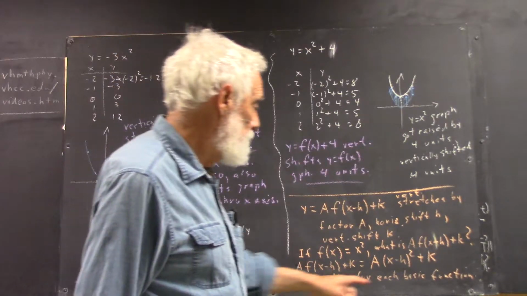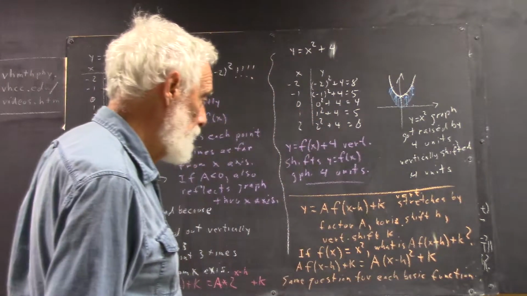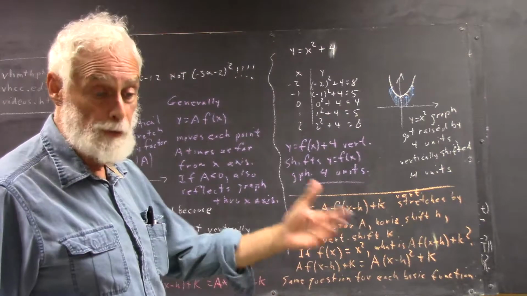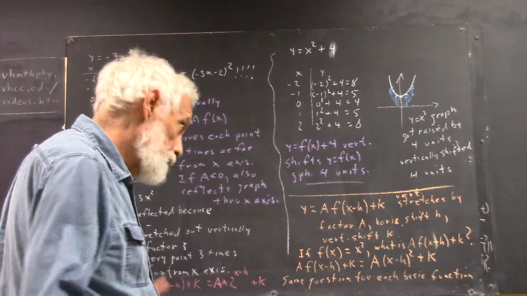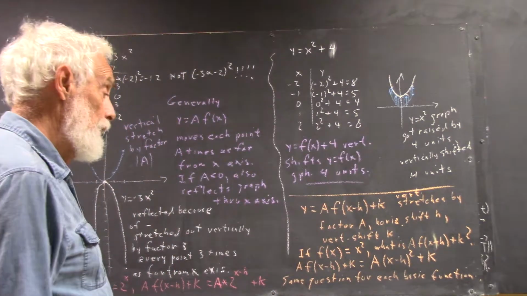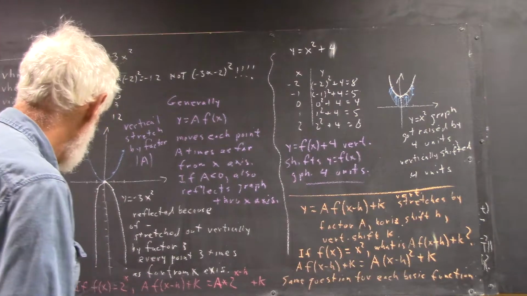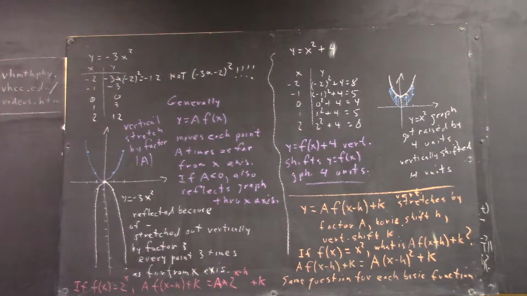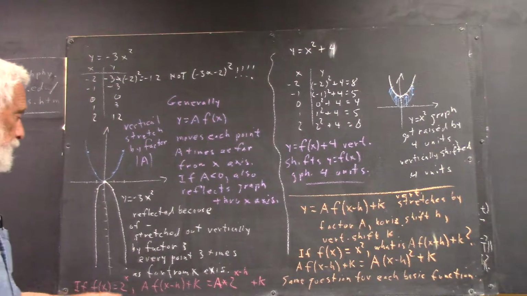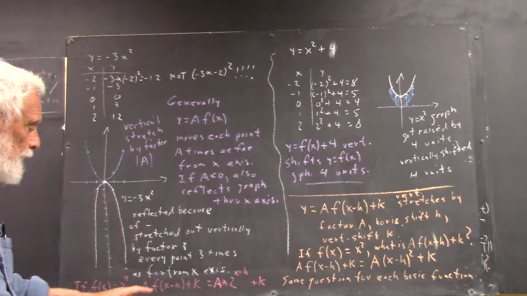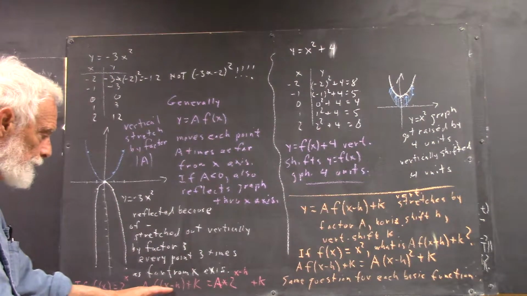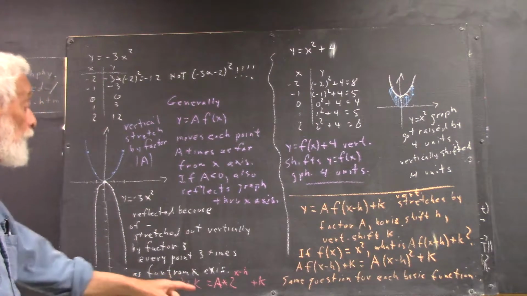Okay? Now, you should be able to answer the same question for each basic function, for the 1 over x, the 1 over x squared, x cubed, and e to the x, or 2 to the x, I'm sorry. Okay, well, here it is for 2 to the x. If f of x is 2 to the x, what is the expression a times f of x minus h plus k? What is this new function?